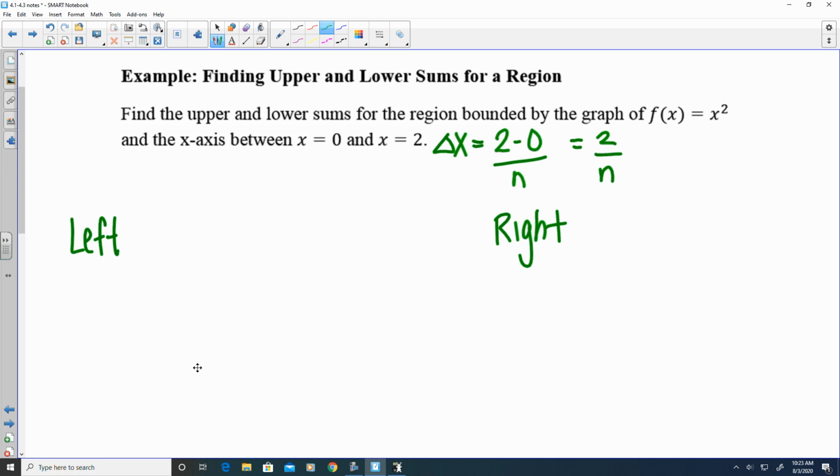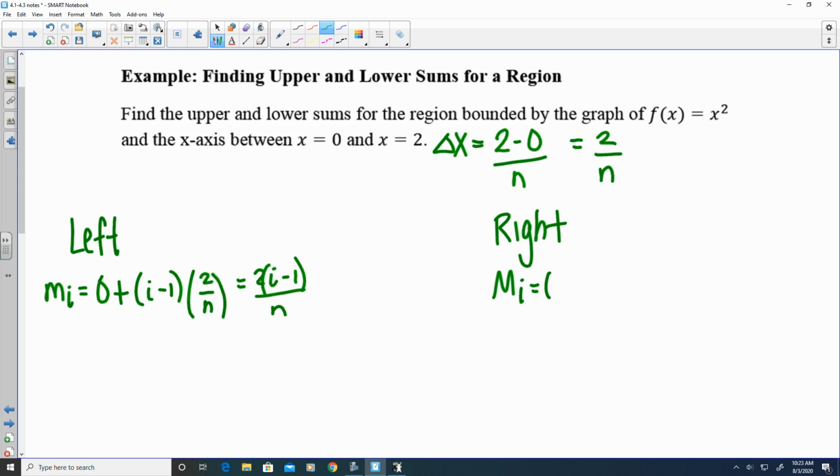For the left, we'll have lowercase m sub i, which takes the first term of our interval, 0, and we add, remember the i minus 1s we could get to the left, which is 2 times i minus 1 all over n. And the right, which we'll say is our capital M, takes the first term of our interval plus i times 2 over n. So this is 2i over n for what we're plugging into our function.